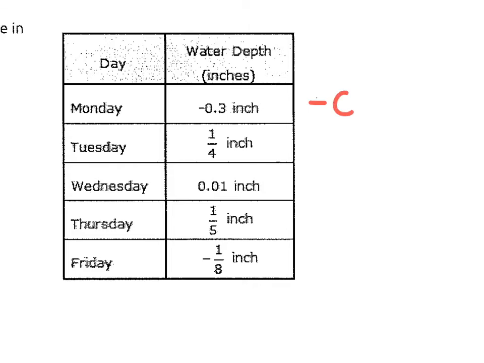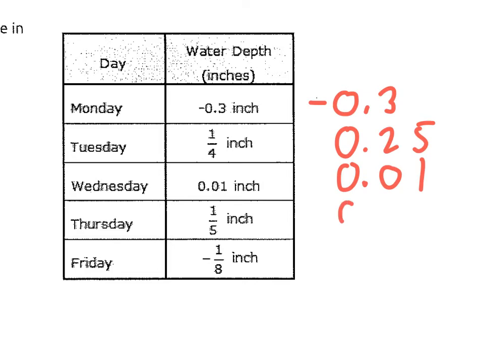So negative 0.3. I already know what 1/4 is. It's going to be 0.25. That one's already a nice decimal for us. 1/5. I think that's like 0.1. I'm going to double check it because my brain is fried here. I've been sitting here in this stupid bed for too long. So it's 0.2 and 1/8. I should know this by now, but I don't.